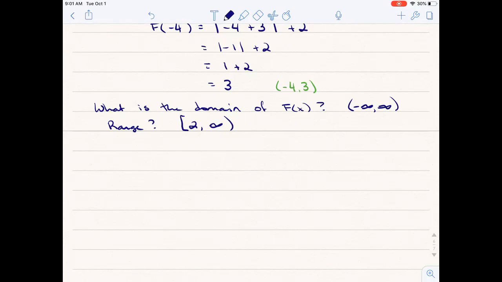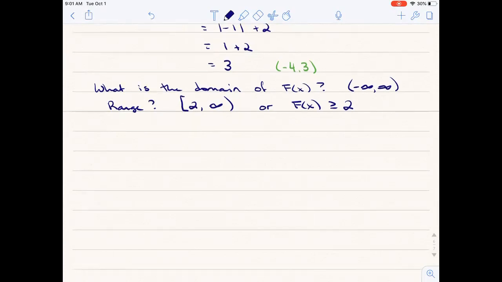Yeah, so you could say f of x is greater than or equal to 2, or you could write y is greater than or equal to 2. That's fine too. Okay. Any other questions about that one? No? All right.